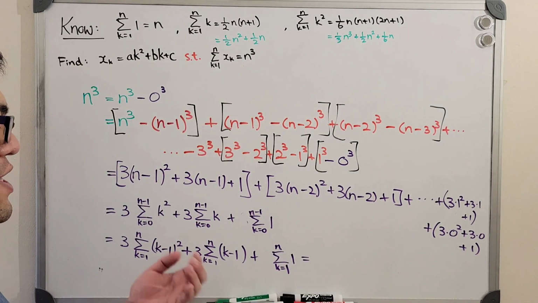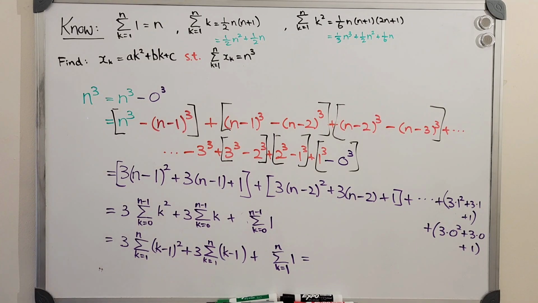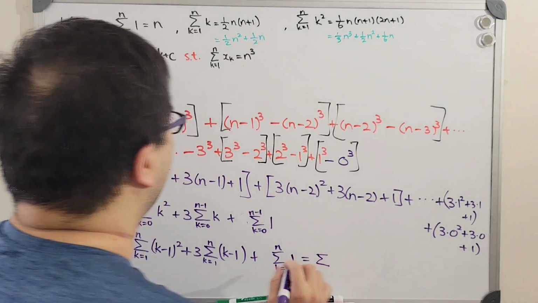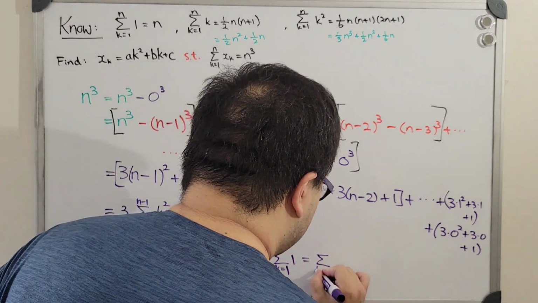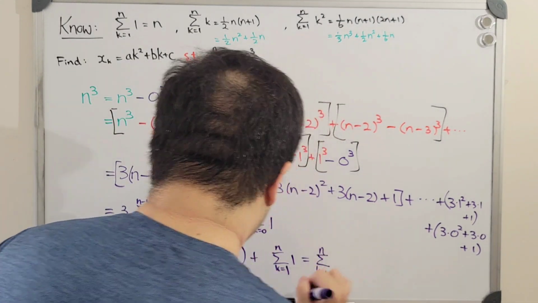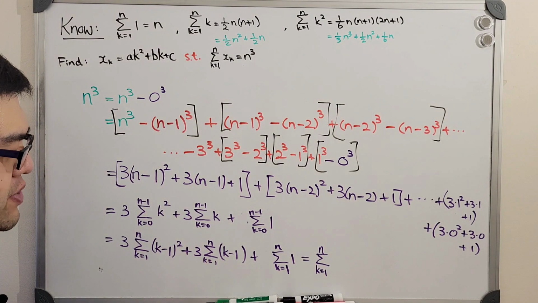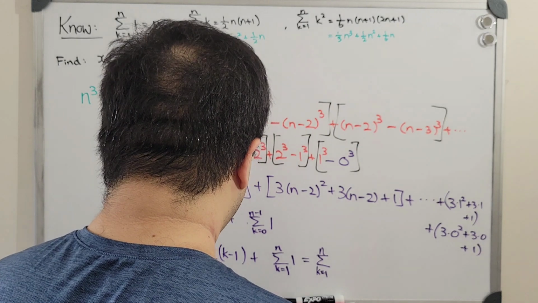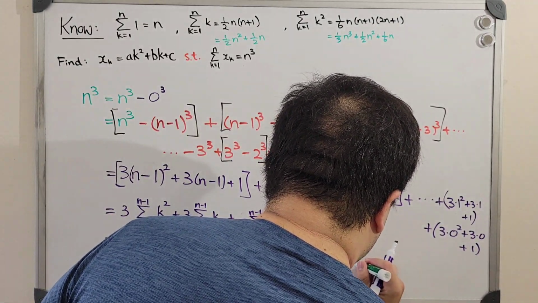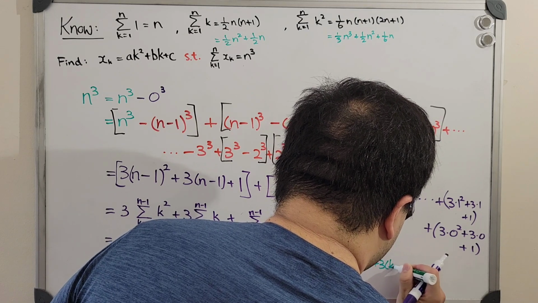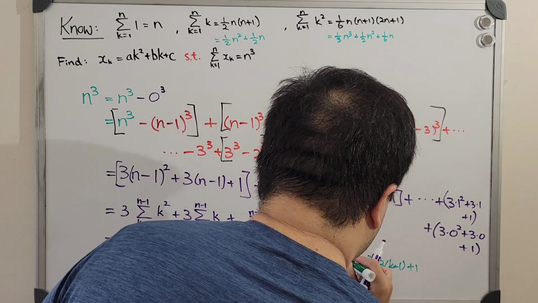As we add them together and rewrite it as just one single big term in the closed form for the sequence, we actually get 3 times k minus 1 squared plus 3 times k minus 1 plus 1. And again, we have this expression here in green.